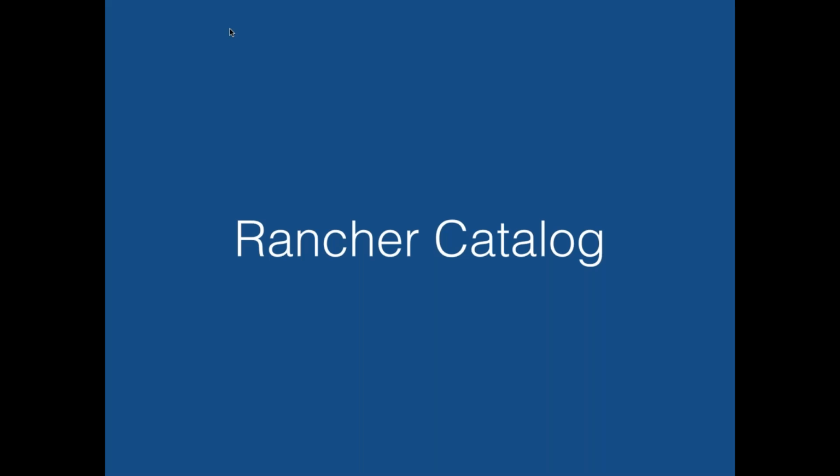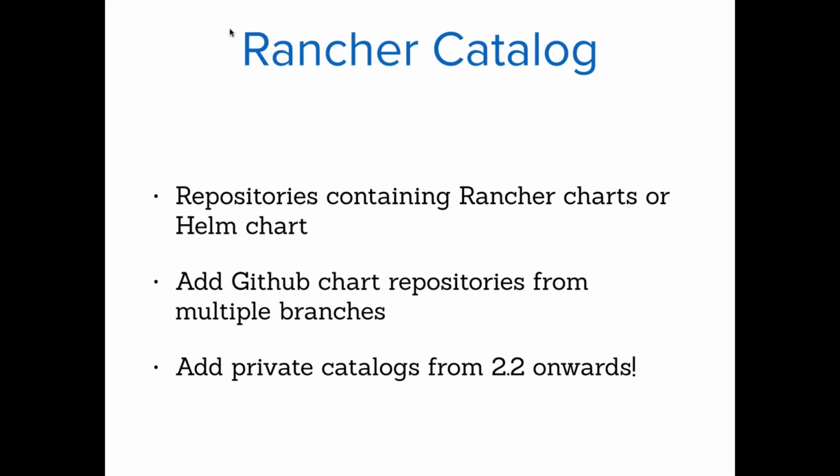And now finally, the Rancher catalog. Like I said, a Rancher catalog is basically a repository containing Rancher charts or Helm charts. You can add any of the Helm chart repositories you might already be using, or if you have a GitHub repository containing your own charts, then you can add that as well. You can also create different catalogs for different branches of these repositories.